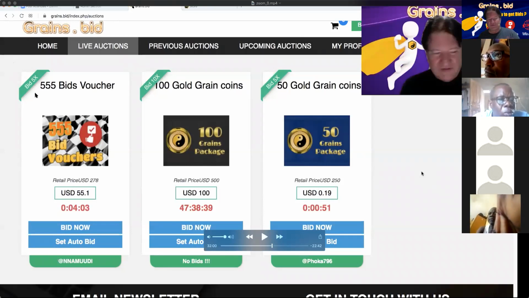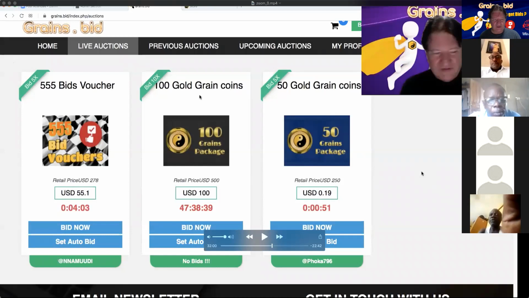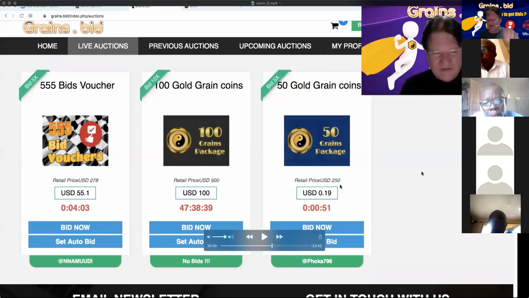It can be 1x, 2x, 3x, any x, but you should pay attention to that. The starting price on the one that's 100 gold grain coins is $100. Like this one, the 50 gold grains started at 0. So someone could bid 1 cent, and if they were the last bidder, they would win the 50 gold grain coins.